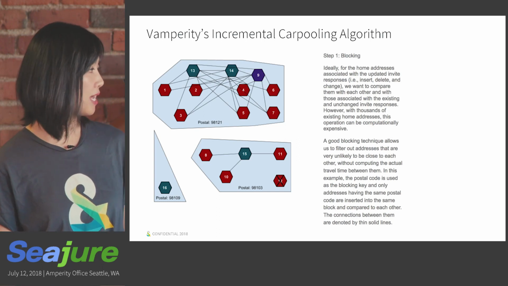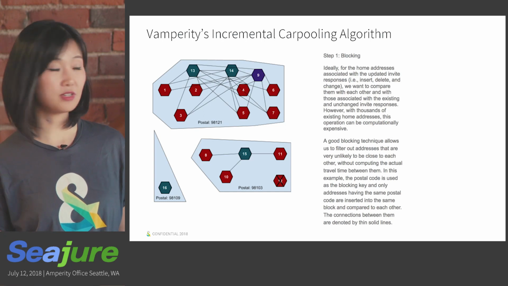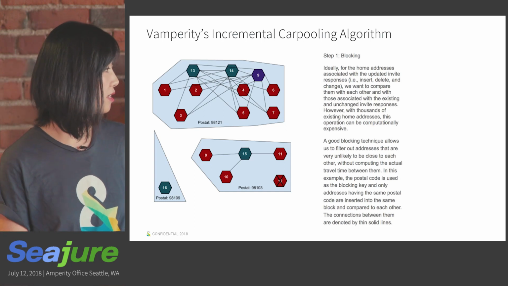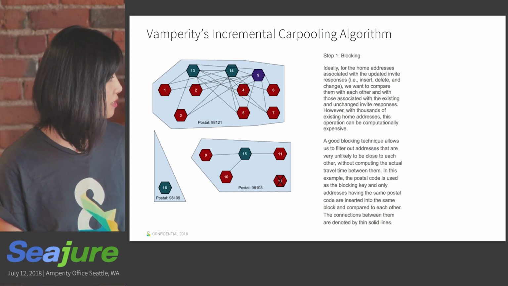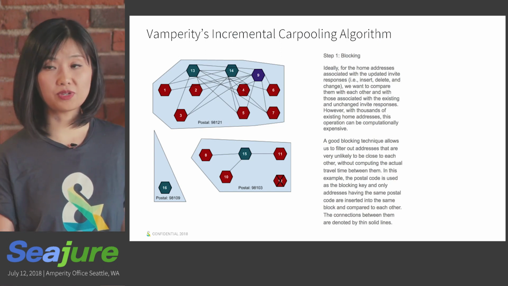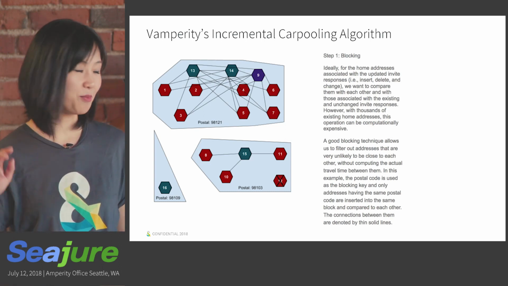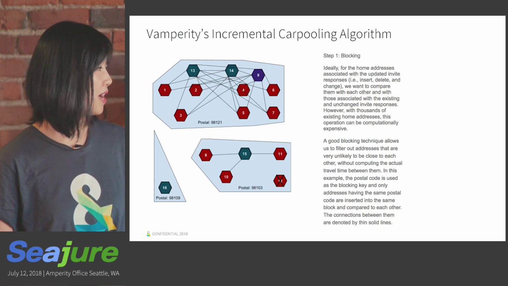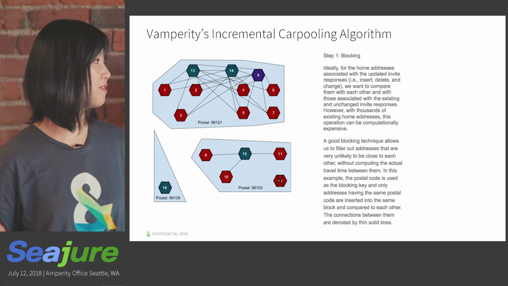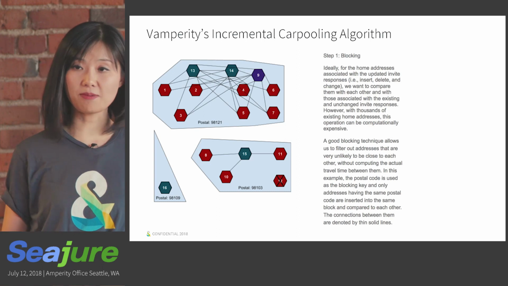For example, this one uses zip code for blocking. If you look at number 10 and number 8, they are in the same zip code, but they don't take that pair as a candidate pair. But number 8 and 15, 10 and 15, and 15 and 11 will be passed to the next step.